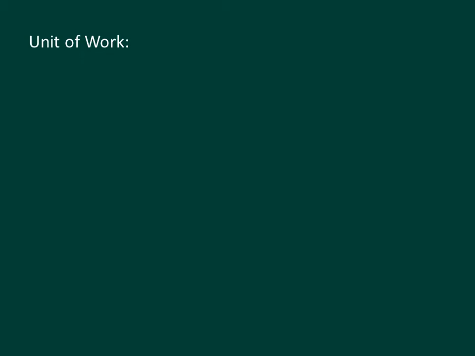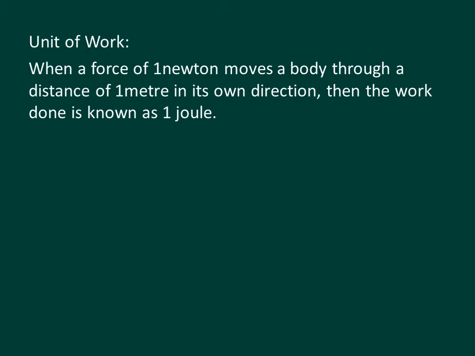We can also define the unit of work. When a force of 1 Newton moves a body through a distance of 1 meter in its own direction, then the work done is known as 1 joule. So 1 joule equals 1 Newton into 1 meter.